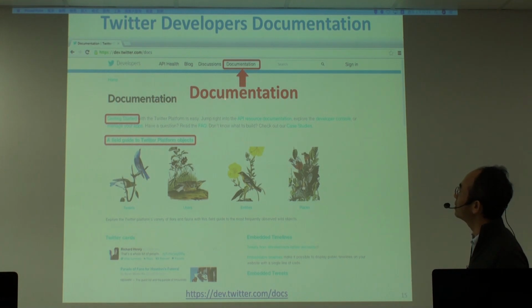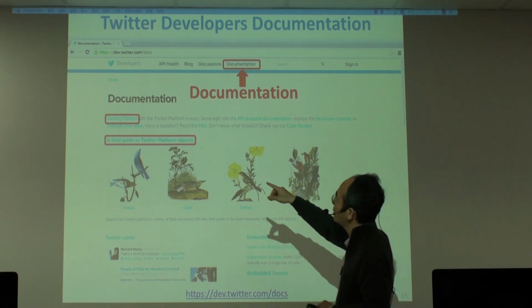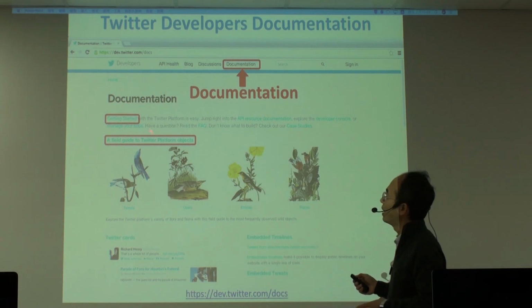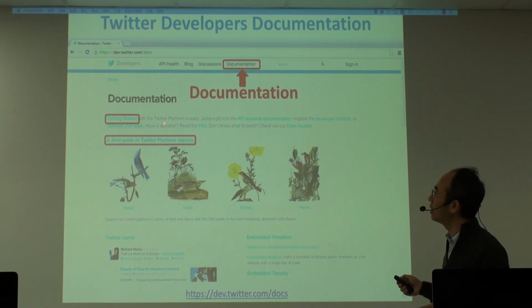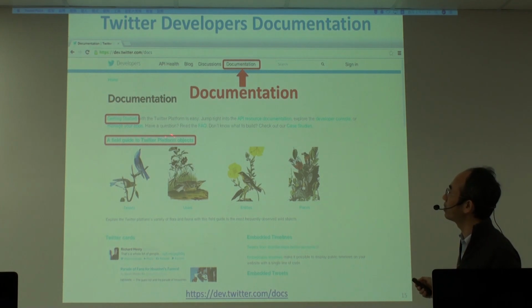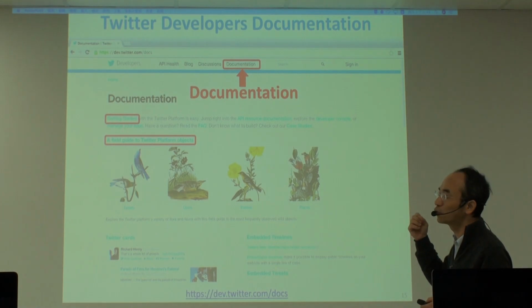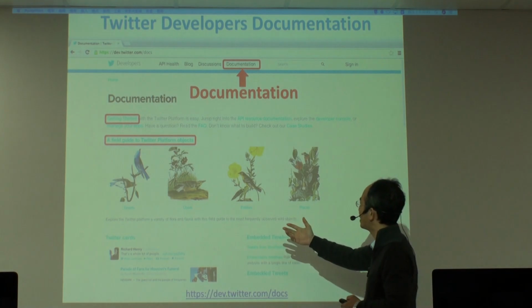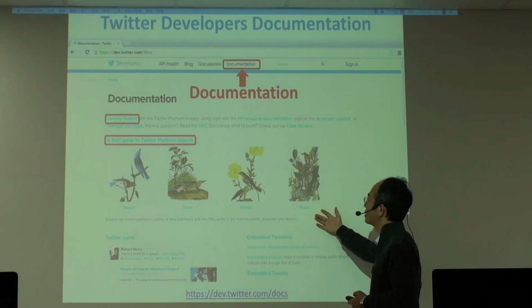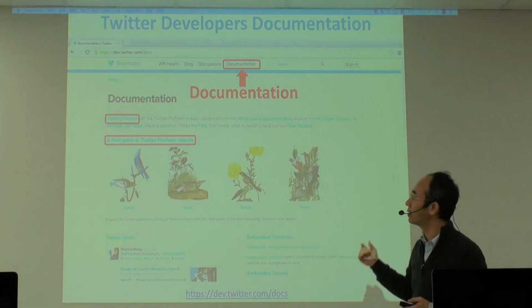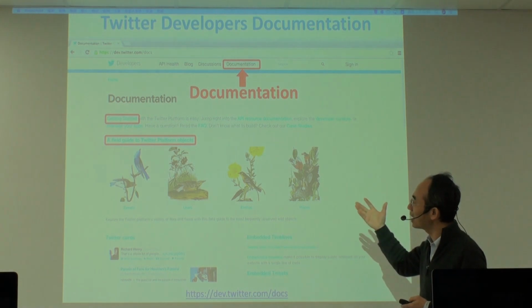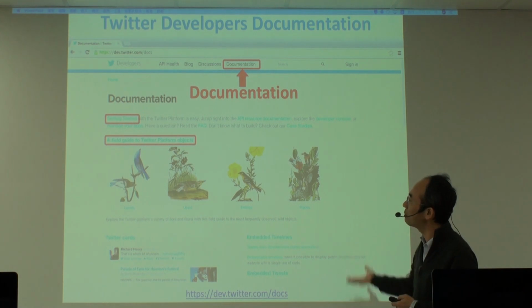Under this documentation, you can find getting started with the Twitter platform, and you can have a look at a field guide to Twitter platform objects, meaning how we can get the tweets, users, entities and places from Twitter. So you can use the data provided by Twitter's APIs.